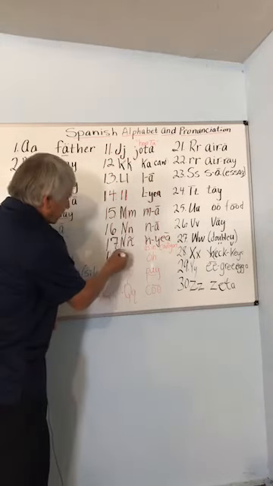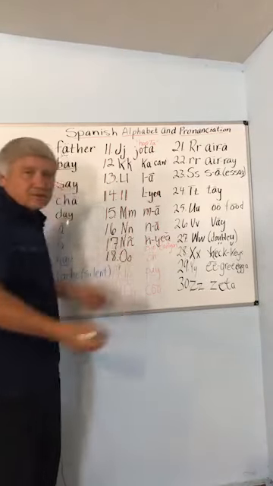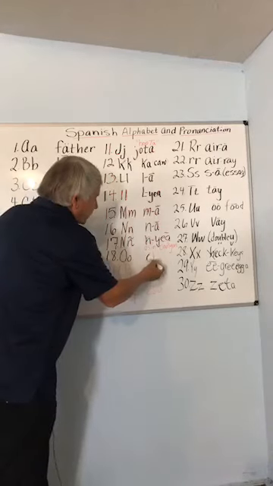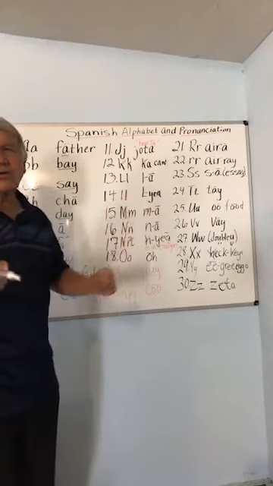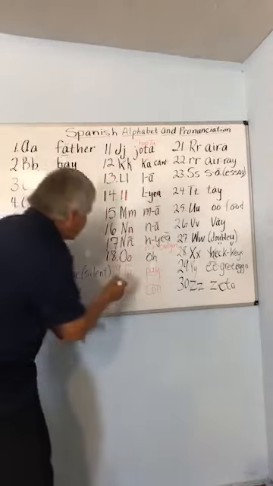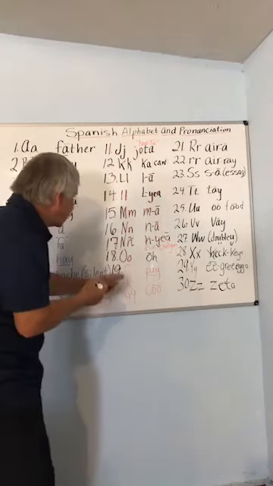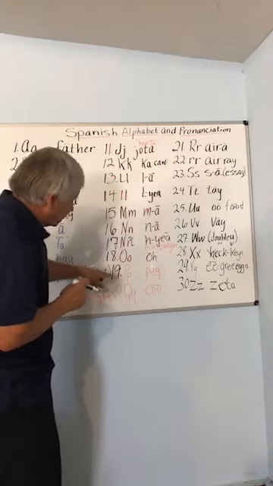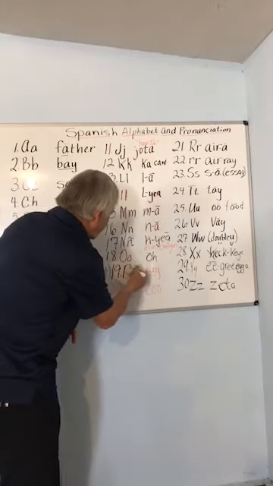18, here we go. 18 is O, just like you're surprised. O, okay. So put that there. O, but in Spanish the O is real short. O, okay. And then 19, if you can see me or not. 19 there. Excuse me, 18, 19, and this one is pay.